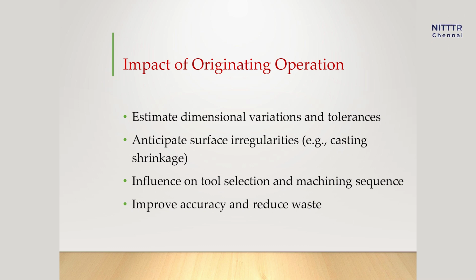So, by understanding the originating operation, we can estimate the dimensional variations and set appropriate machining tolerances. It allows the process engineers to anticipate surface irregularities such as stock allowance cavities in casting or scale in forging.